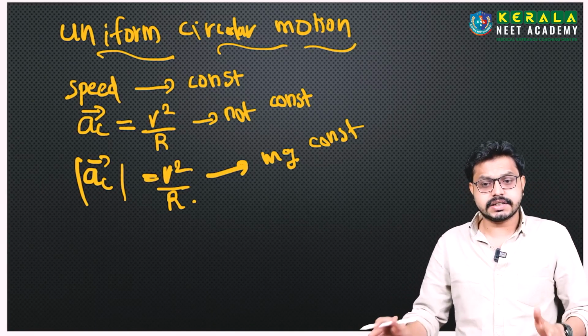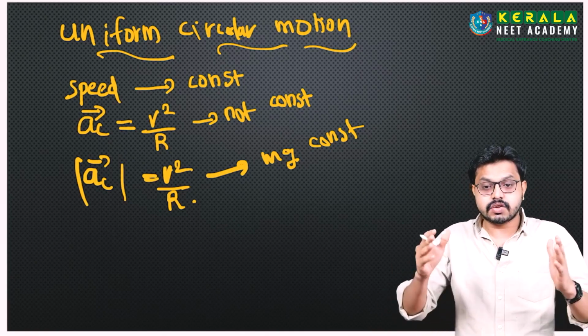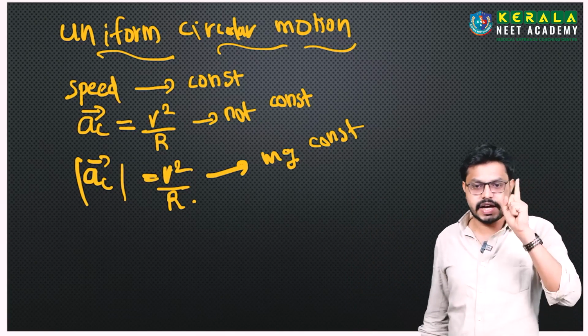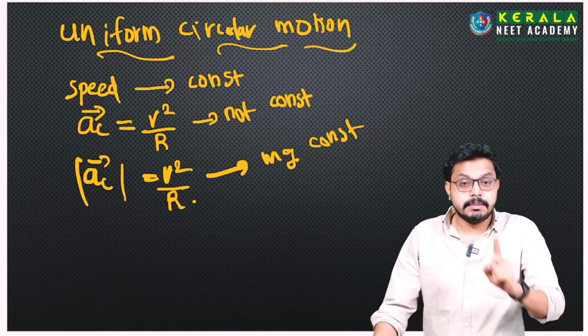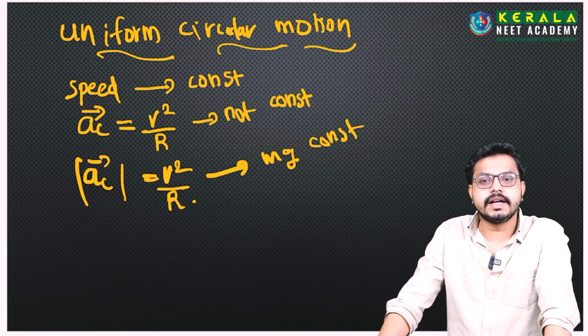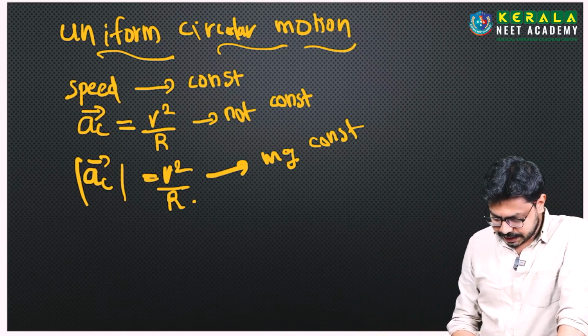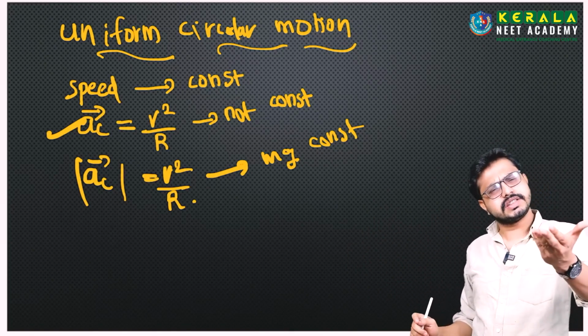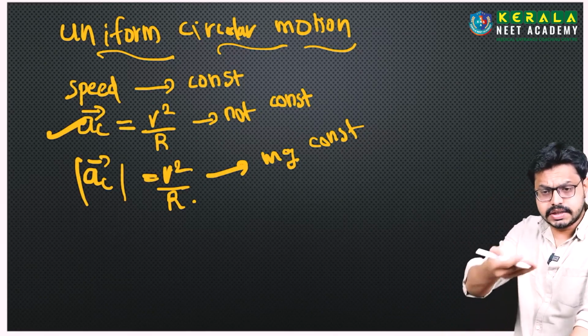So if there is a question like that, whether acceleration is constant or not, acceleration is not constant because the direction of acceleration changes from point to point, because the centripetal acceleration is instantaneous. Clear? Okay. So centripetal acceleration is not constant because the direction is changing. Magnitude wise it is constant. Okay. Second one, velocity. I have already said.